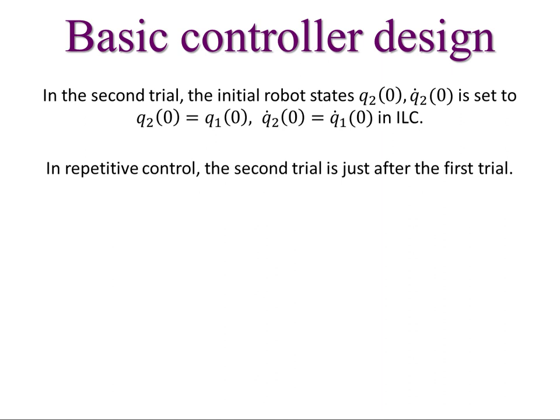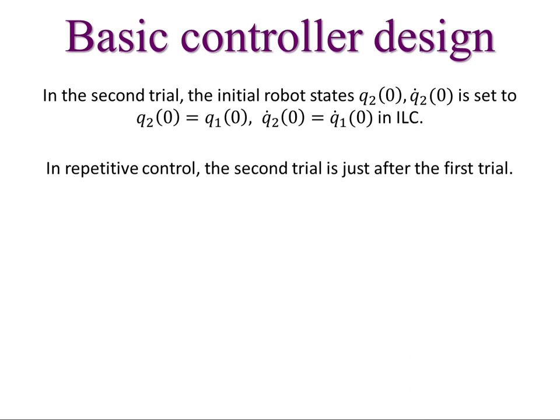In other words, repetitive control is used for motions, such as walking or running, where the next control trial must be performed immediately after the control trial. Therefore, the desired motion must be a periodic motion in which the state at the initial time and the state at the last time are the same.